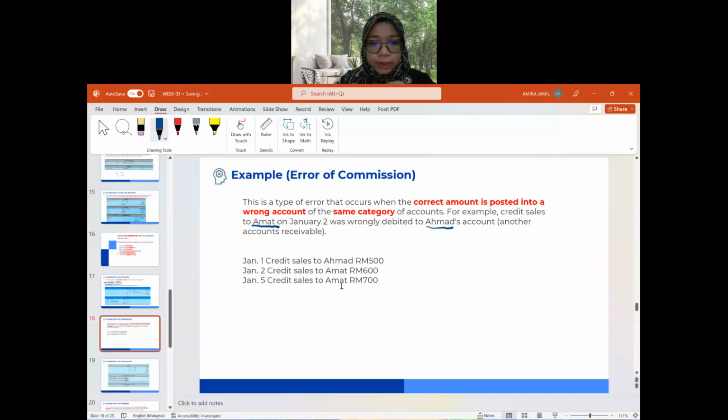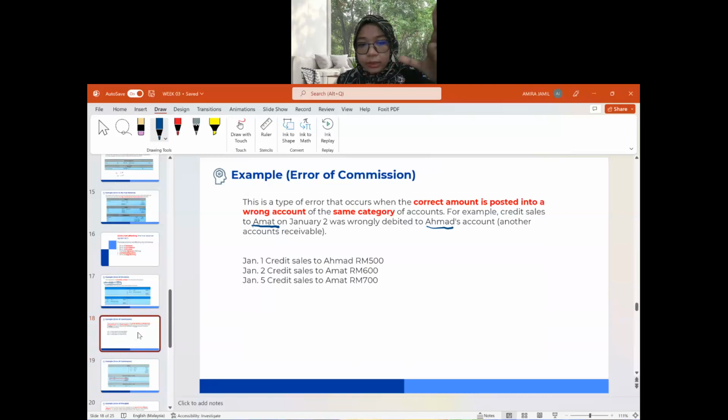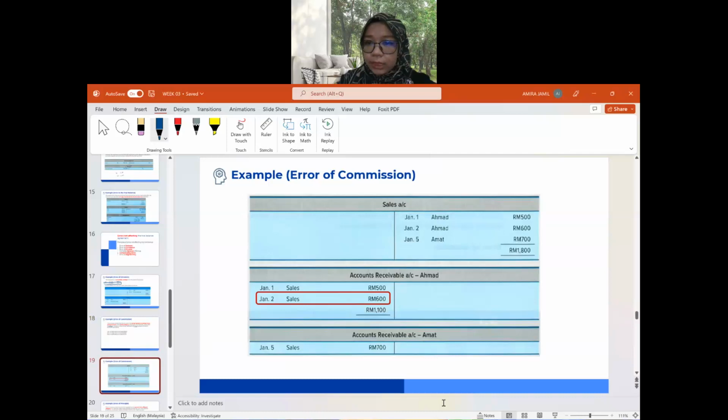For example, here January 1st, credit sale to Ahmad, January 2nd, credit sale to Ahmad, and January 5th, credit sale to Ahmad. But when you record, the correct transactions should be Ahmad 500 only, Ahmad 600 and 700, meaning that this figure should be under a different Ahmad.